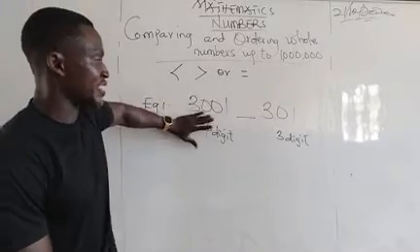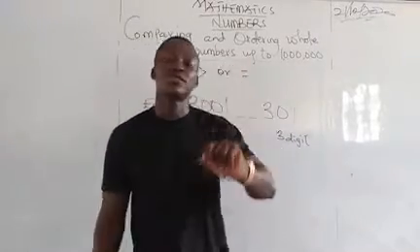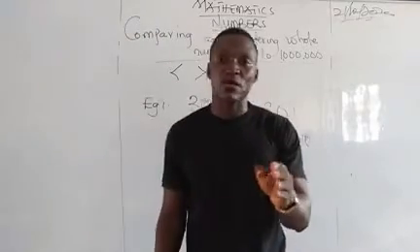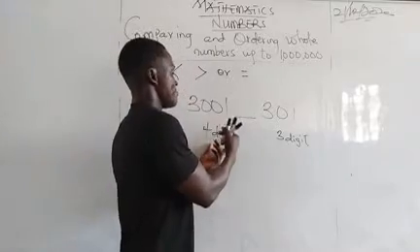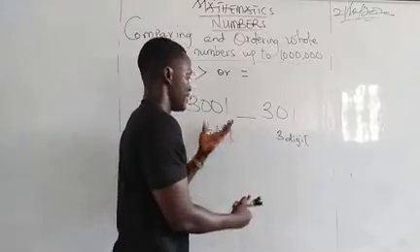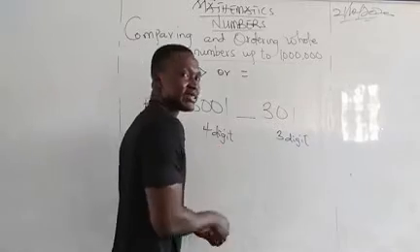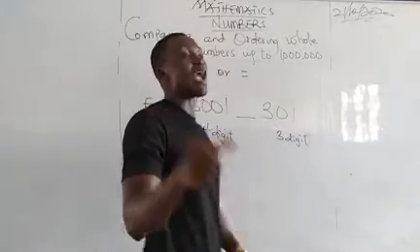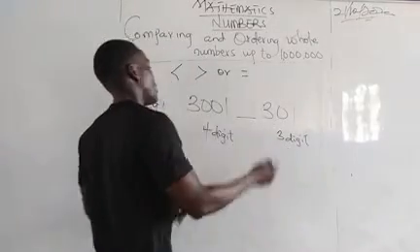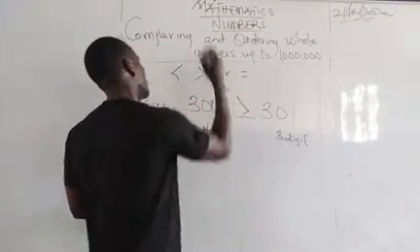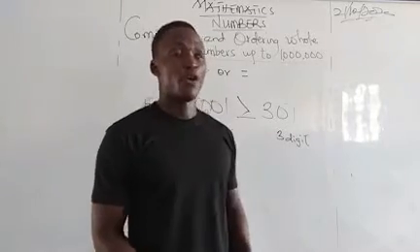Whenever you count the number of digits of each figure, and one has more digits than the other, the one with more digits is the greater figure. So since we have 4 digits here and 3 digits here, our sign is going to open to our 4-digit number.